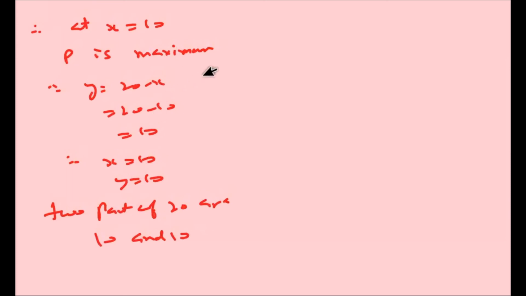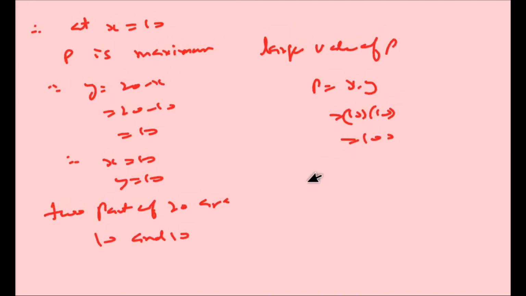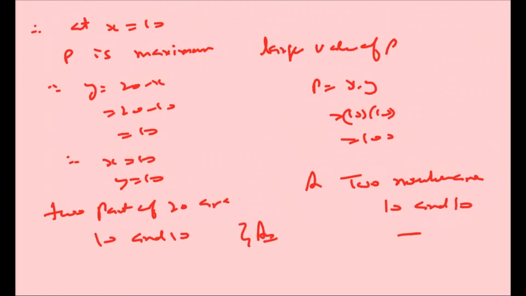If we want to find the largest value of P, then P = x into y, 10 into 10 = 100. Answer: two numbers are 10 and 10. Okay, understand this question.